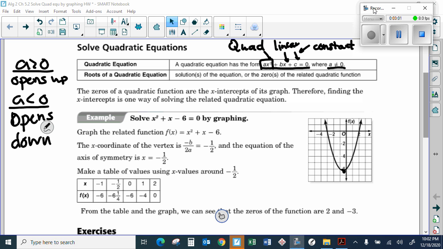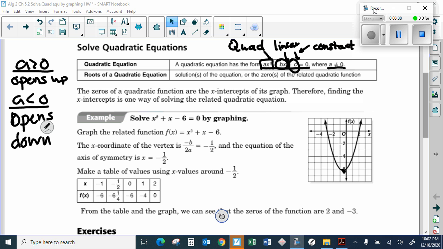If it's ever shifted away from the origin, as it is in this case, it's no longer a parent function. What makes it shift left and right is if there's a bx. What shifts it up or down is if there's a c other than 0. That will shift it up and down. Okay, just so you know how these things are being affected here.